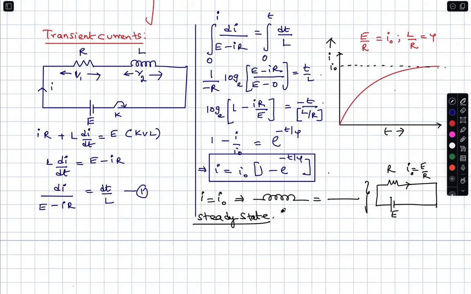At steady state, you can say that an inductor becomes a conductor. That's the picture.